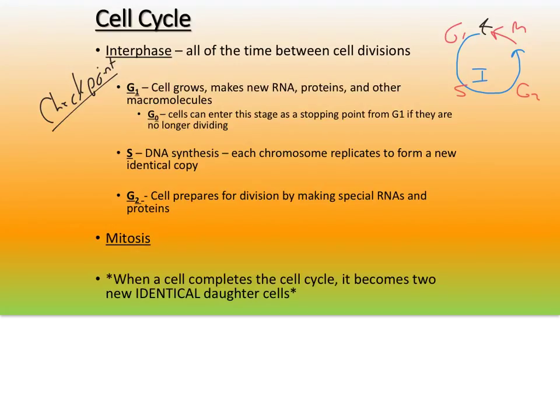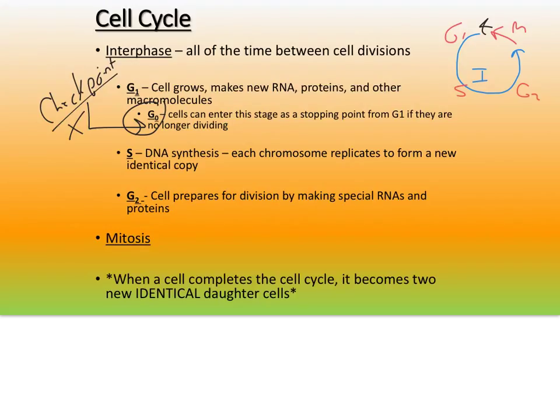Now, if the cell does not pass the checkpoint, it's no big deal. It's totally fine, and it just moves instead into what we call G0 stage. G0 sometimes is referred to as a dormancy of the cell, but I don't like that, because when we say something's dormant, it means it's like asleep, it's not doing anything, and that's not true.